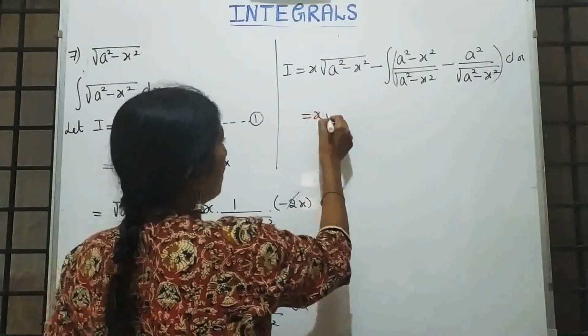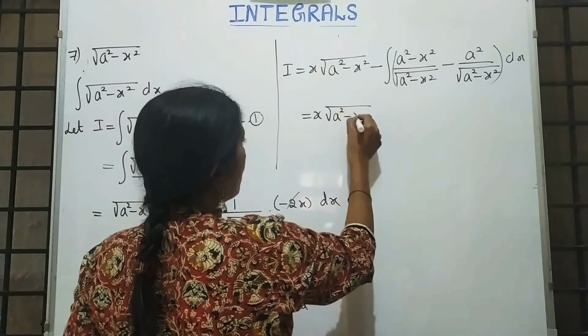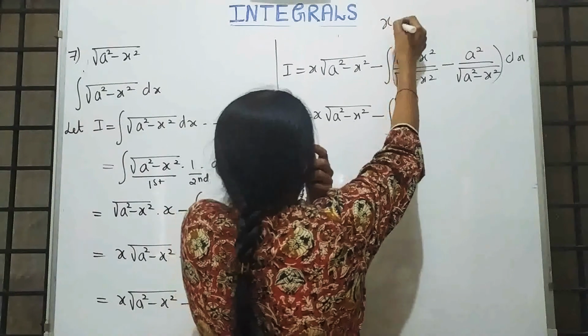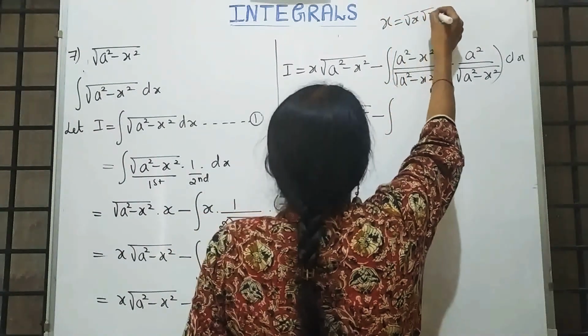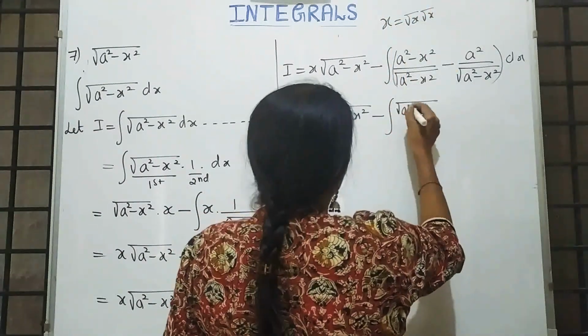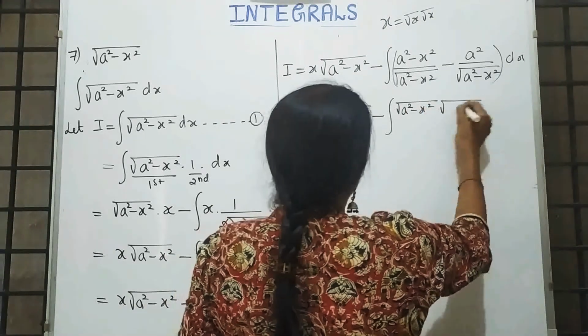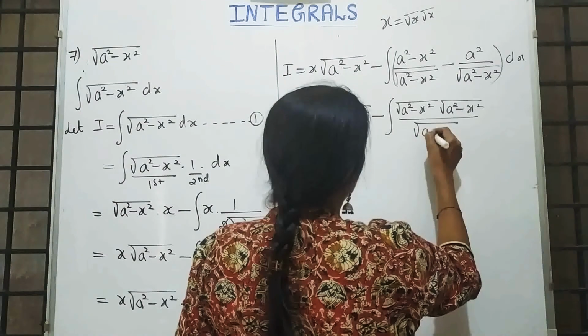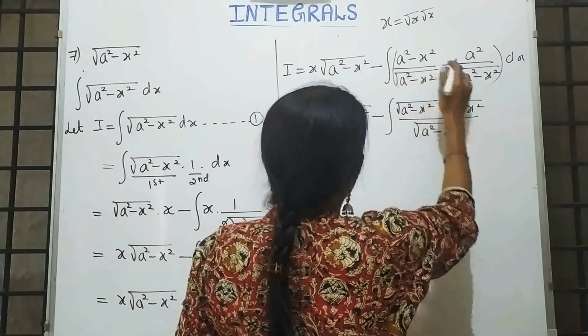This is x into root of a square minus x square minus, you are familiar with this, x is written as root x into root x. And minus into minus plus.